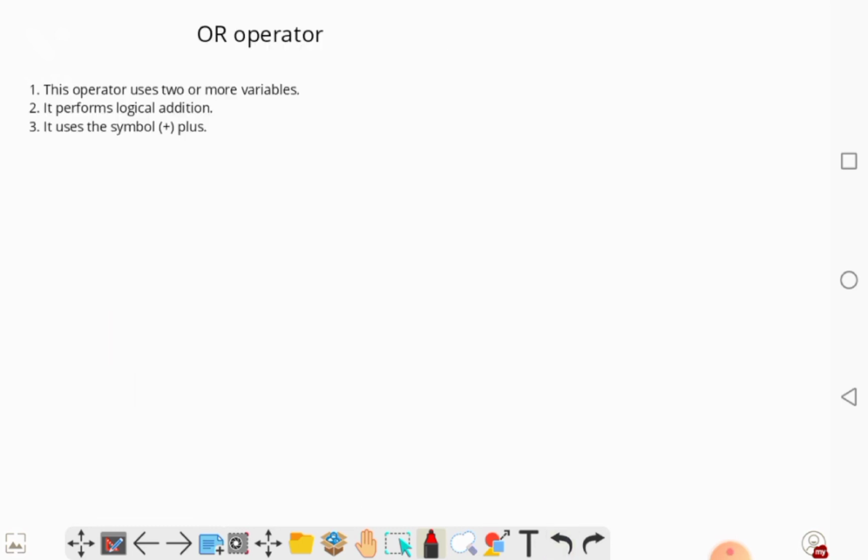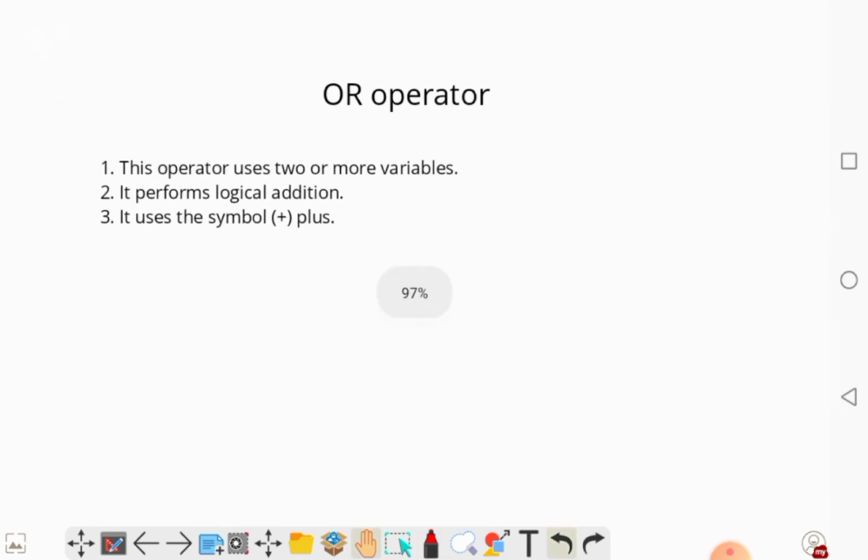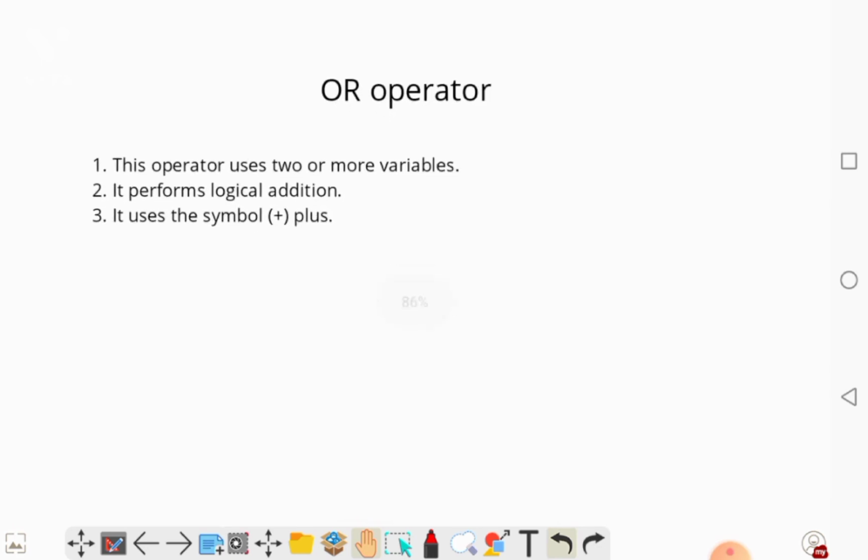The next operator we have is the OR operator. For performing the OR operation also we need 2 or more variables. It performs the logical addition. The OR operator performs the logical addition. We use the symbol plus to represent the OR operator.